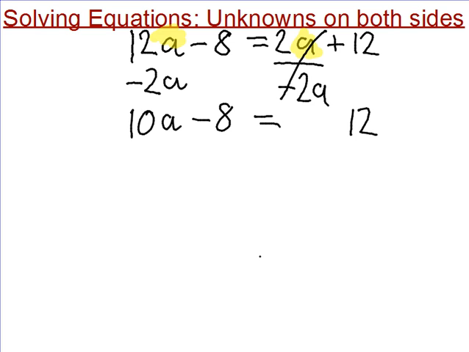Now I need to get rid of this subtract 8, so I'm going to add 8 to both sides. That means I will have 10a on this side of the equation is equal to 20.